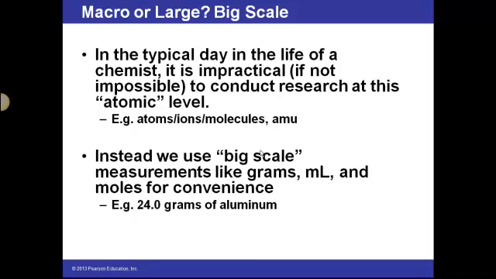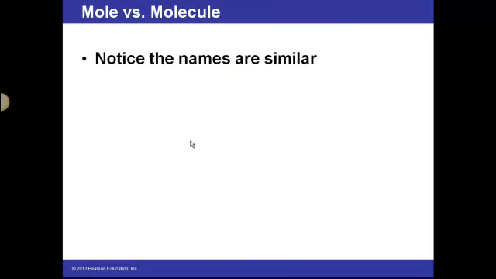So it's possible to weigh out 24 grams of aluminum, but it's not possible to weigh out or measure out 24 atoms of aluminum. The mole is very similar to the individual molecule. The names are even similar; mole is actually included in the molecule name.